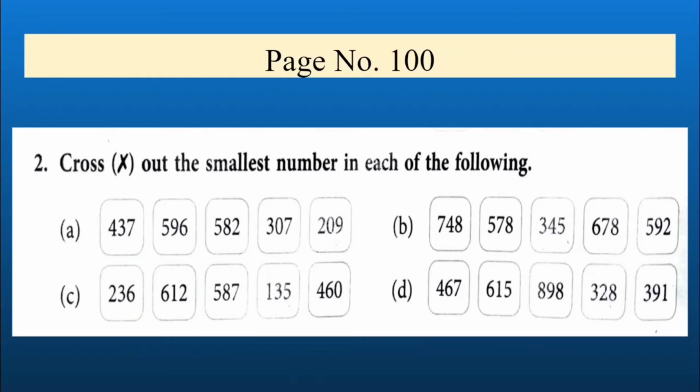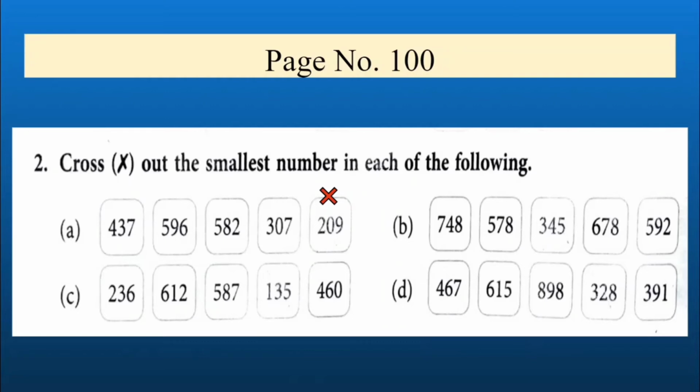So here we have to cross out the smallest number among the following numbers. So which is the smallest number among all these numbers? Yes, 209 is the smallest number. So we will put a cross mark above 209.